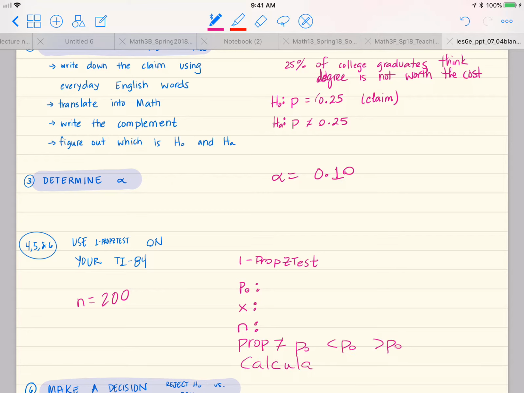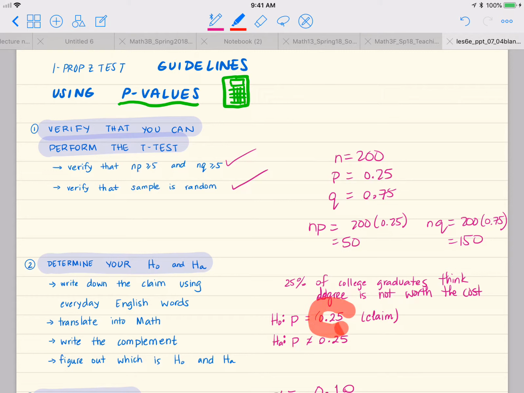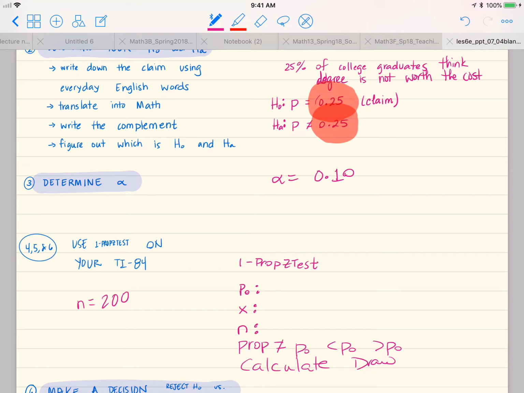Okay, so my P naught is going to be 0.25 because that is the hypothesized proportion, right? What is the claim trying to test? It's trying to test around the proportion of 0.25. So I have 0.25 here, 0.25.